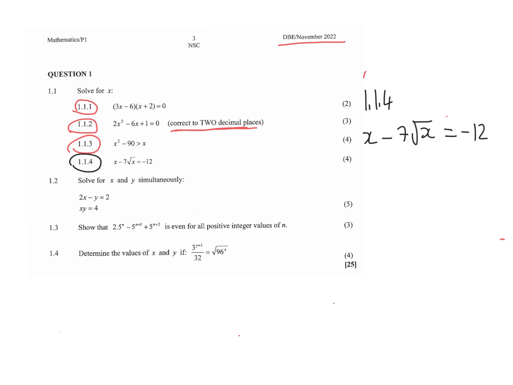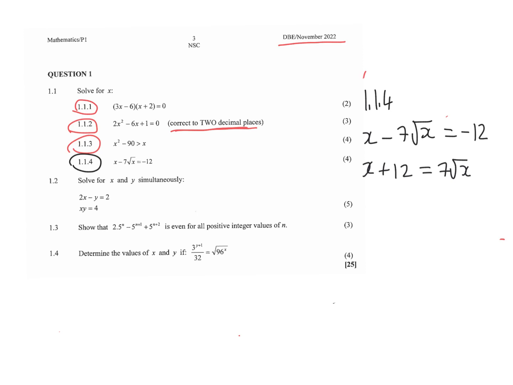Then we want to get rid of the square root. So the best way, we take this square root on its own side. So we have x + 12 = 7√x.